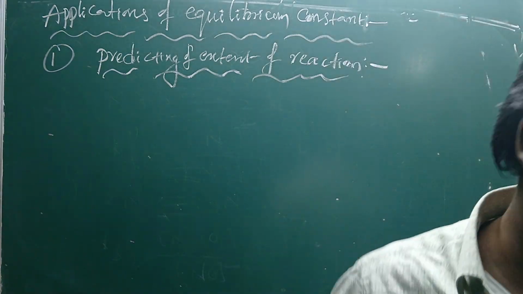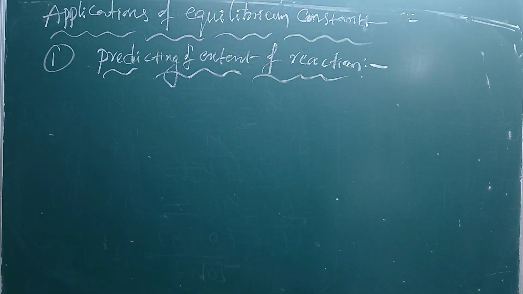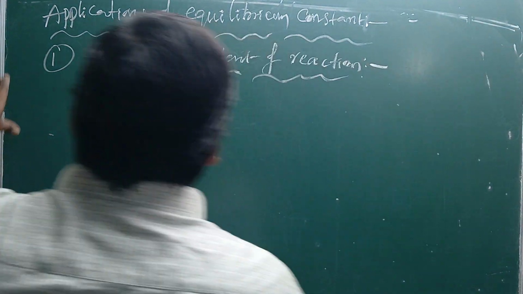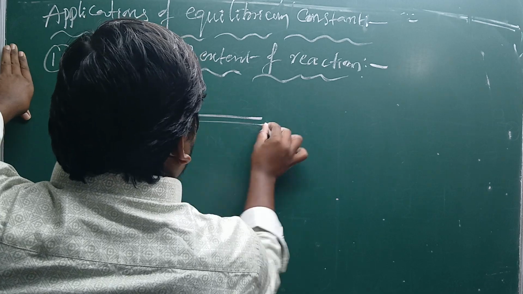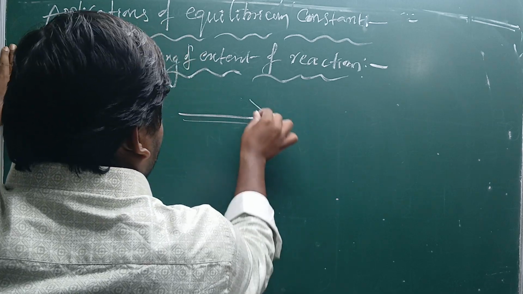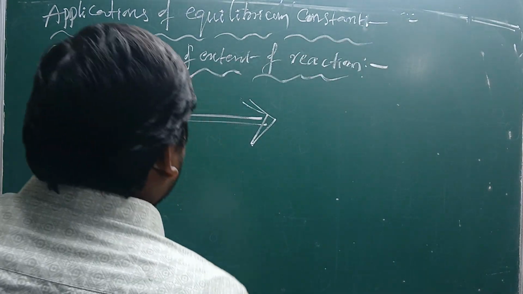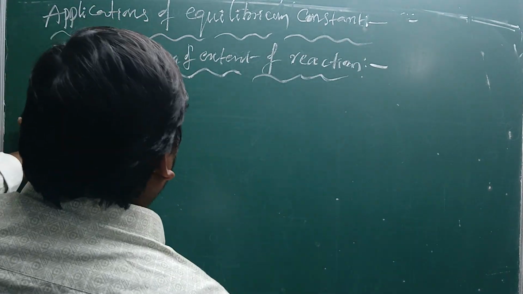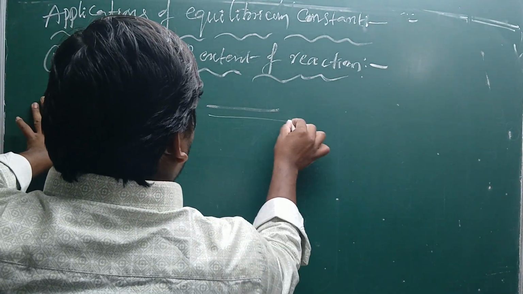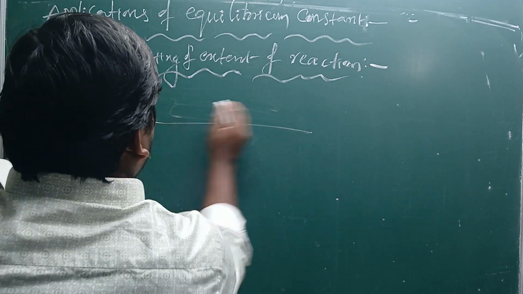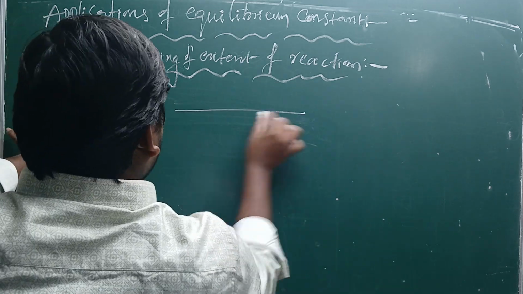What is predicting the extent of reaction, sir? Actually, now I am taking one chemical reaction. Or simply, I am taking an arrow mark, which indicates the direction of the reaction.